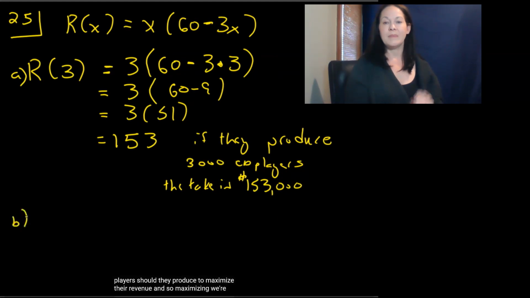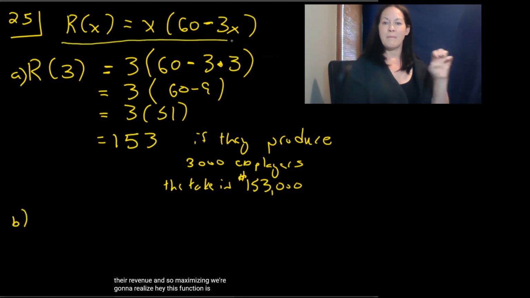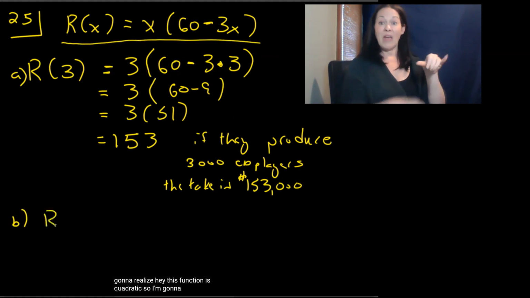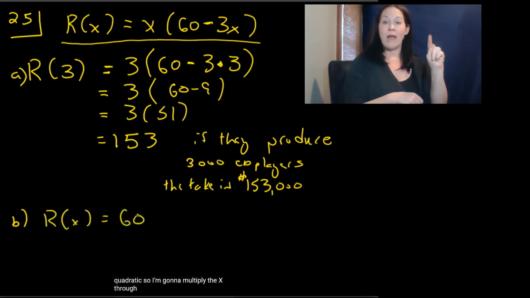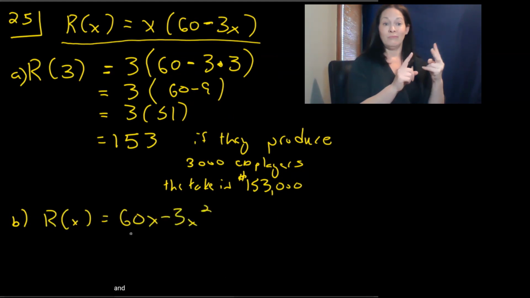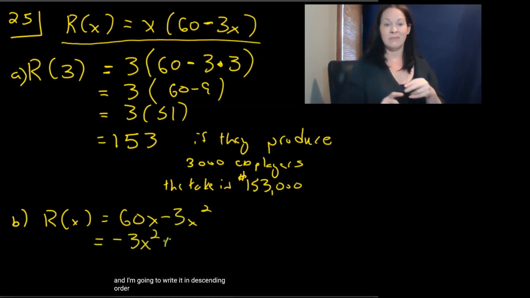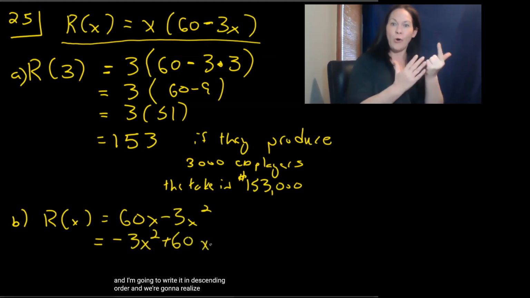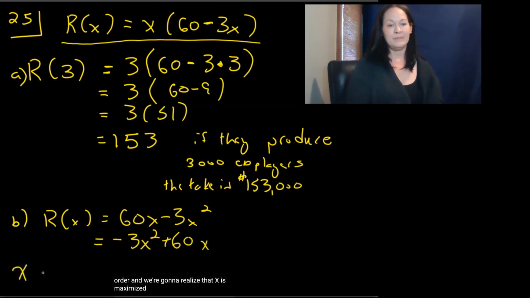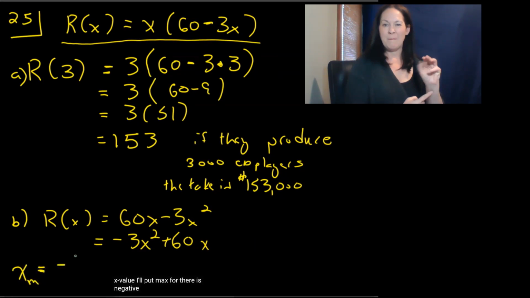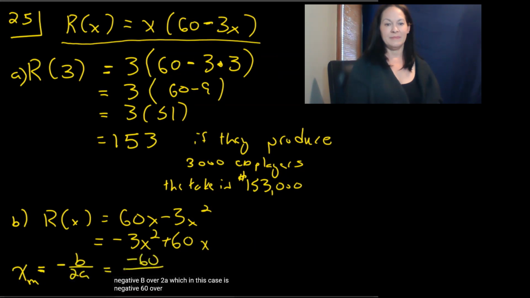And so maximizing, we're going to realize, hey, this function is quadratic. So I'm going to multiply the x through, and I'm going to write it in descending order. And we're going to realize that x is maximized. The maximal number, when the x value, I'll put max for there, is negative b over 2a, which in this case is negative 60 over 2a is negative 6, or 10.